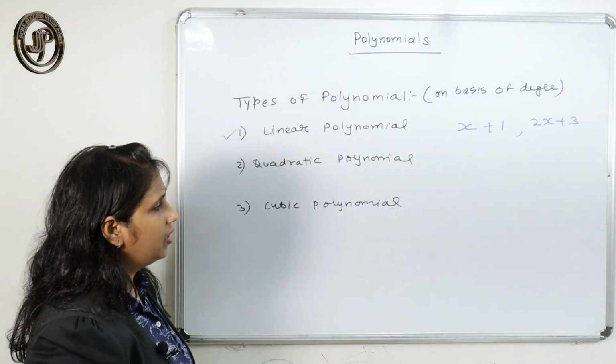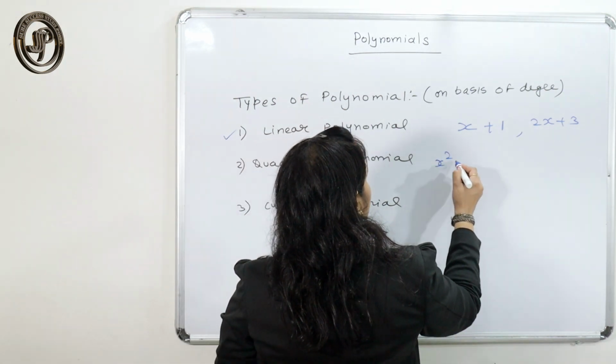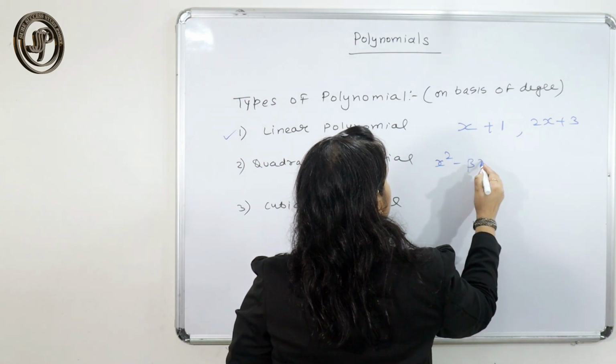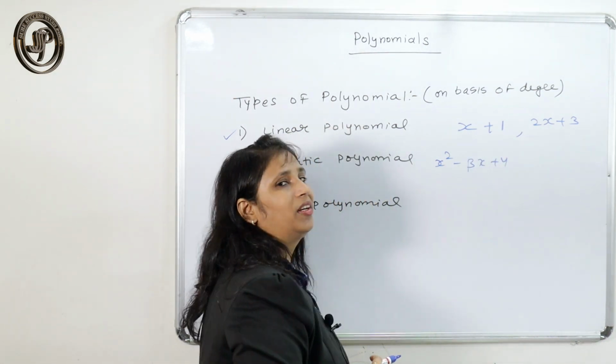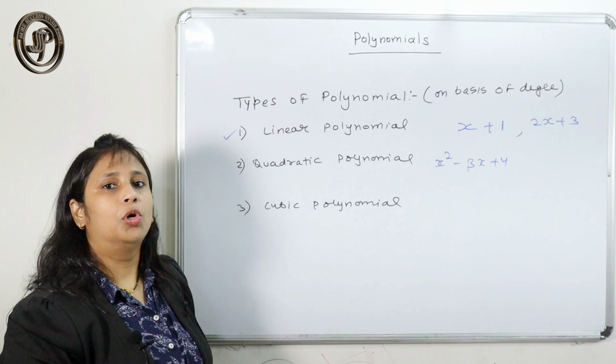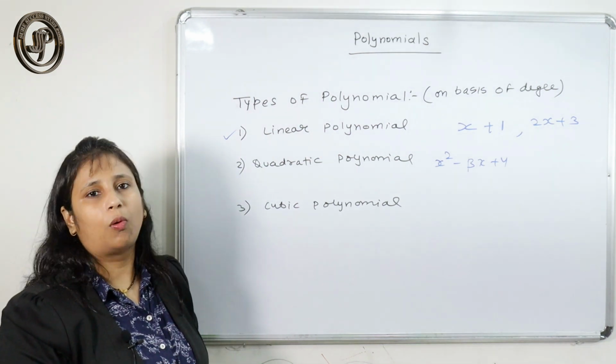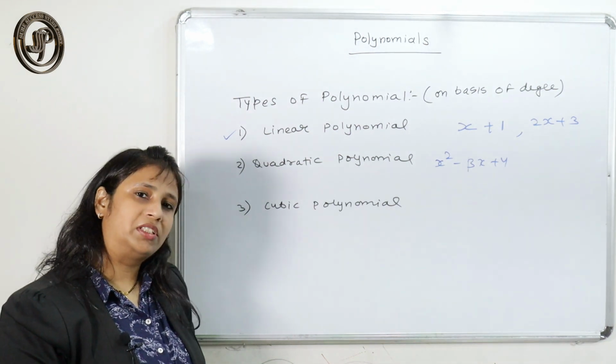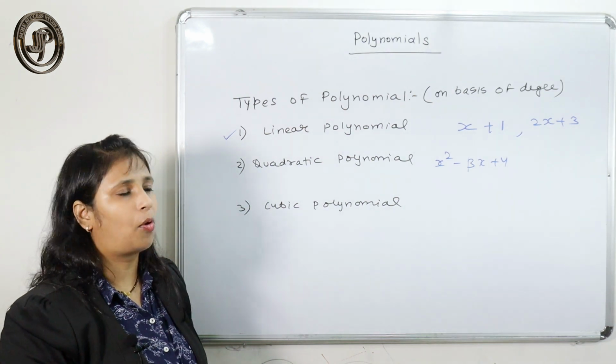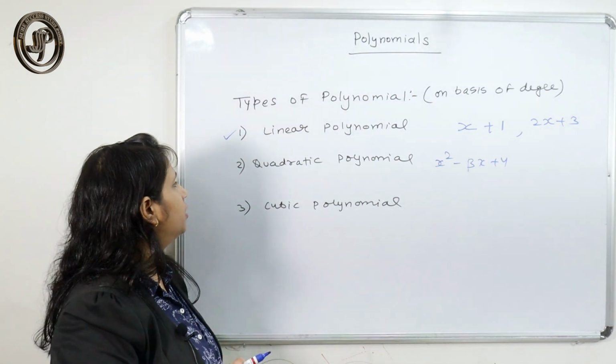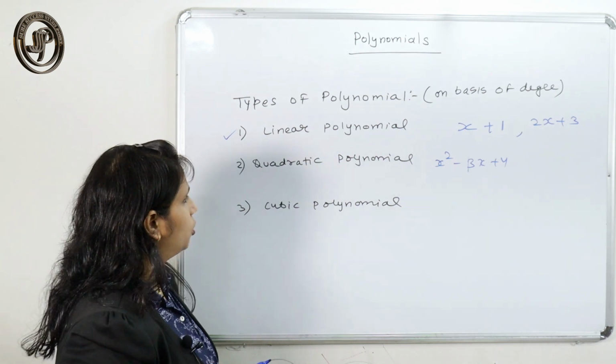What is a quadratic polynomial? If I write 2x square minus 3x plus 4, what is the degree here? 2. Then the polynomial is called quadratic polynomial. So on the basis of degree, we can decide whether the polynomial is linear, quadratic or cubic.